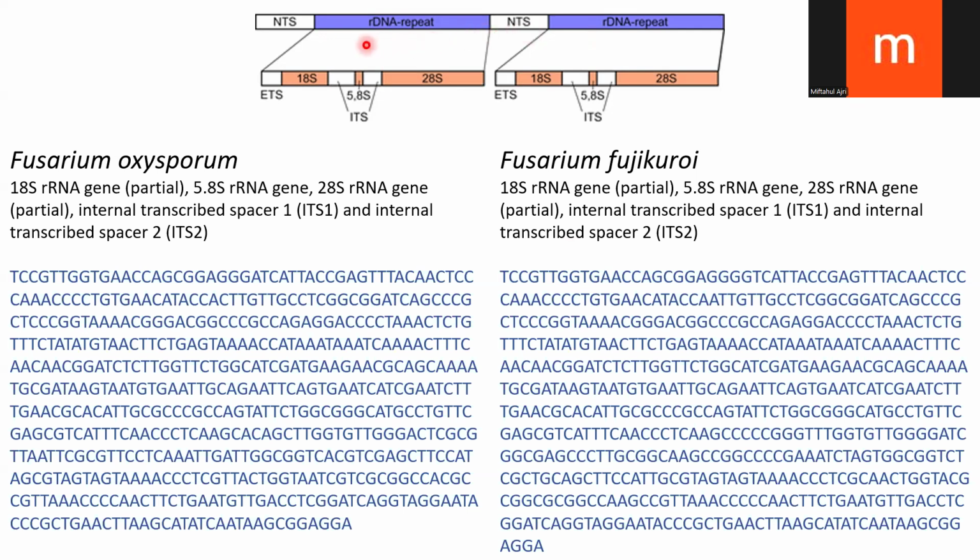Each rDNA unit contains several critical components. 18S rRNA is part of the small ribosomal subunit, and 5.8S rRNA is located between the 18S and 28S rRNA genes.